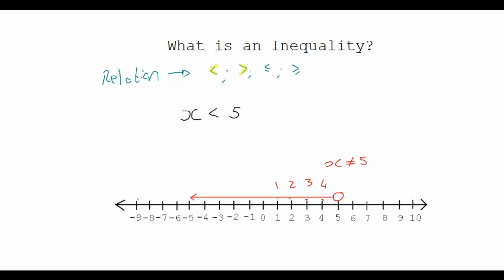The only time x can actually include 5 is if we use the sign less than or equals to. So if we had x is less than or equals to 5, then x is everything from minus infinity, including 1, 2, 3, 4, and now x can equal 5 as well. And what that looks like on a number line is a colored in dot.